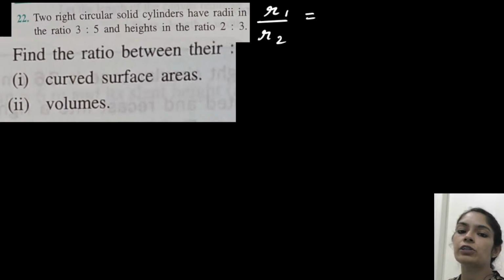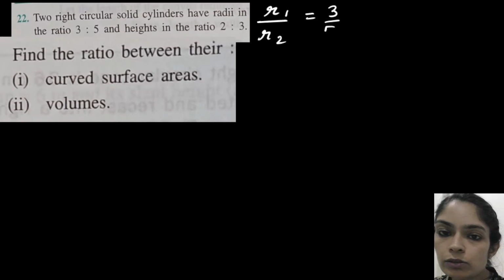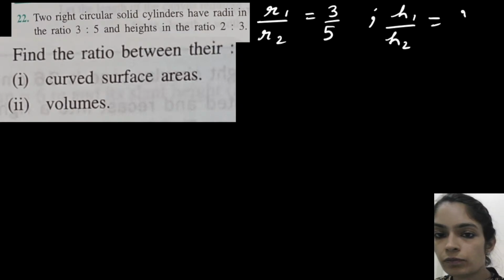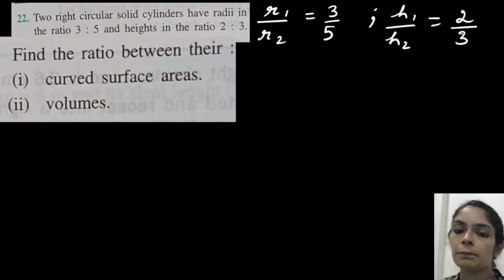Ratio means fraction, so directly I am writing R1 by R2 is 3 by 5, and the heights ratio I can write as H1 by H2 is equal to 2 is to 3. 2:3 directly I am going to write as 2/3.